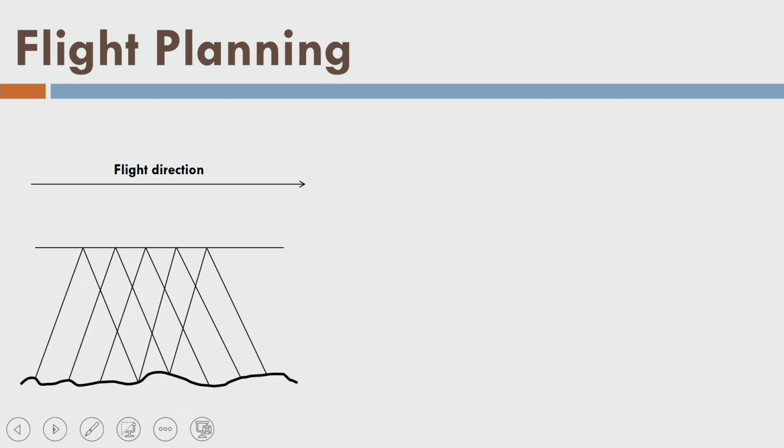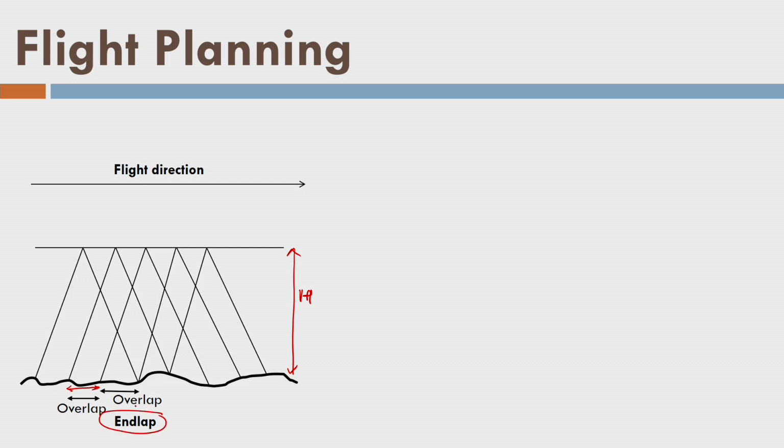This is the flying height, and if I take the average elevation, I can say what my value of h is. This is my overlap on the ground, marked in the photo. This kind of overlap, which is in the direction of flight, is called end lap.